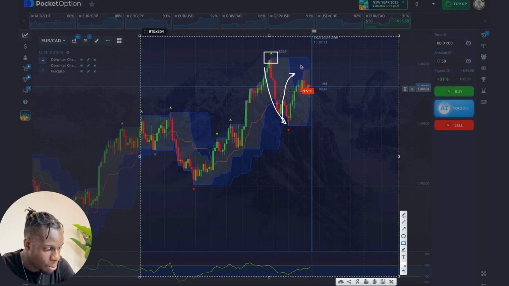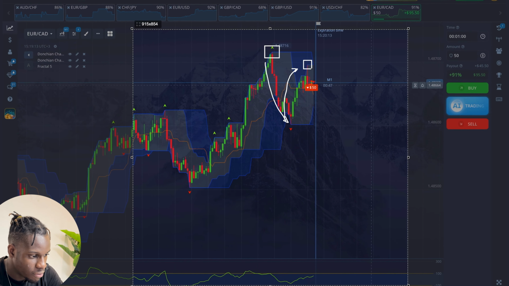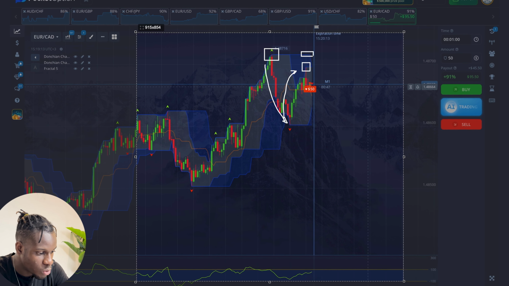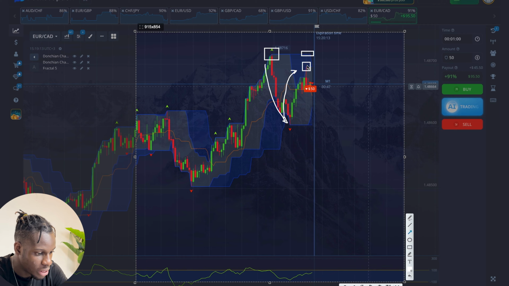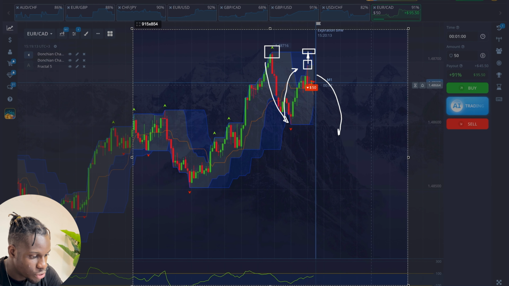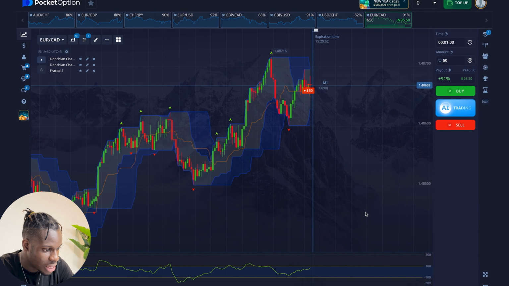But the touch happened on the upper bound of the Donchian channel with a period of 10, as we can see. And this moving line is quite close to the upper moving line. So there's a potential reversal of the price movement here. So now we open a sell trade, and that was our logic behind it.